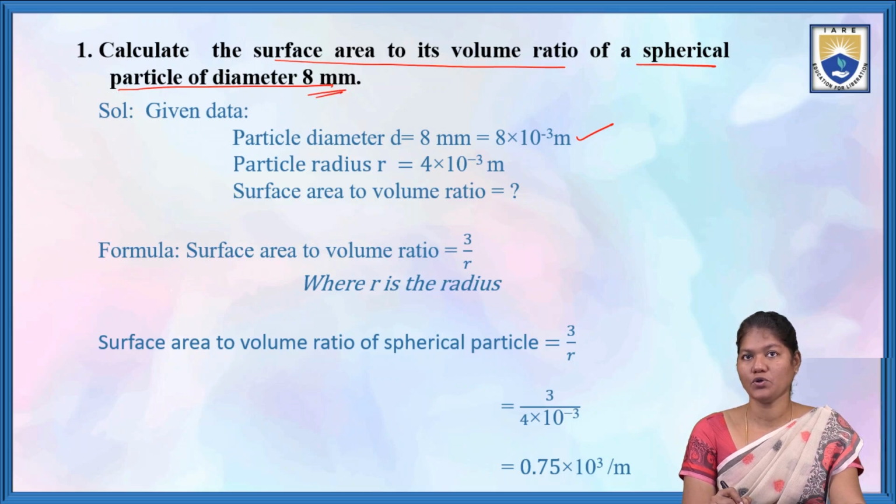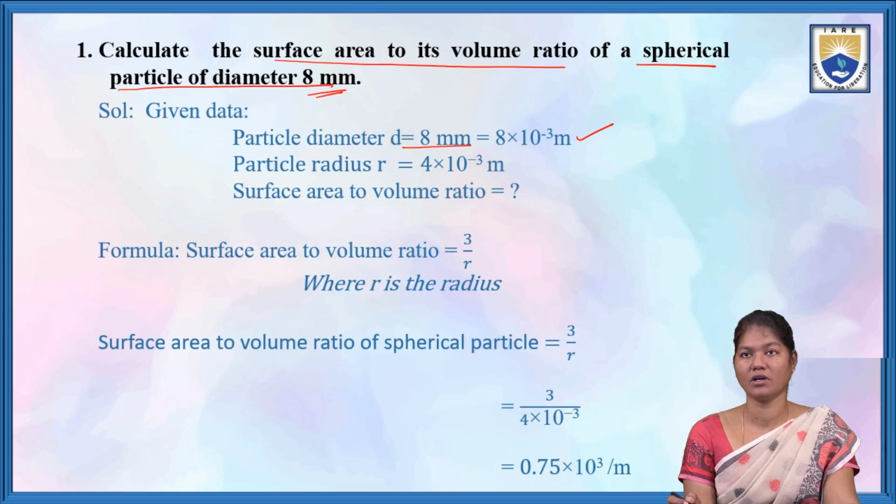So we need to convert it into meters. 1 millimeter is equal to 10 power minus 3 meters. So d is equal to 8 millimeters, that is equal to 8 into 10 power minus 3 meters. And from this, we are going to calculate the particle radius.